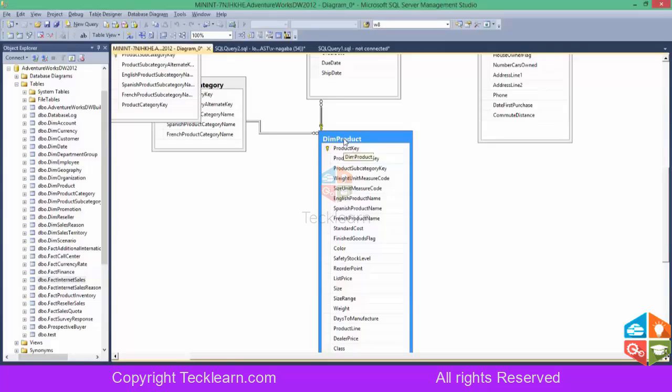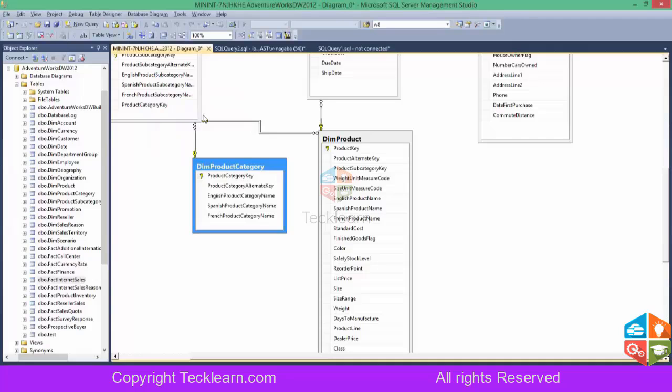I also want to store the competitive products for my products, the competitors who are selling the same kind of products. That information I want to store in my data model. But I will not be selling them, so there will not be facts. So what I will do is create a dimension separately and link that to my primary dimension.